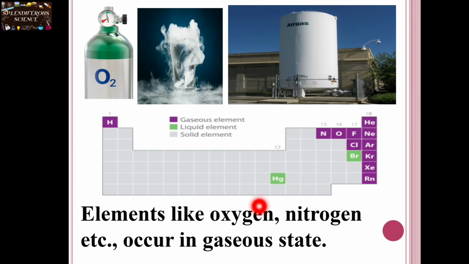Elements like oxygen, nitrogen, and many more occur in the gaseous state.